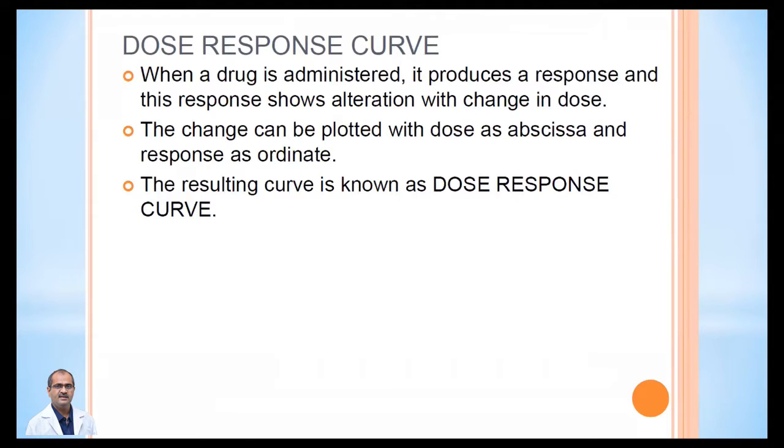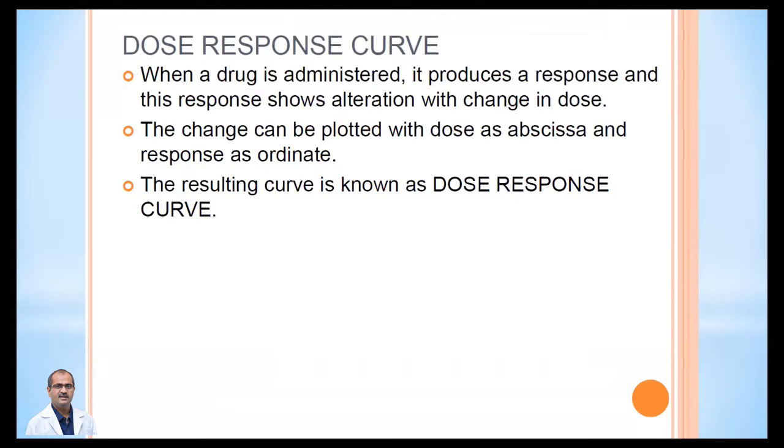If you increase the dose 10, 20, 30, 40 and 100 milligram like that, accordingly the percent response is going to increase like 10%, 20%, 30%, etc. But when the dose reaches some extent, no further response is obtained.